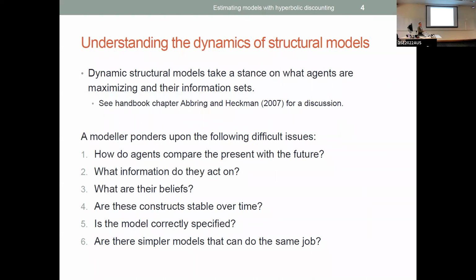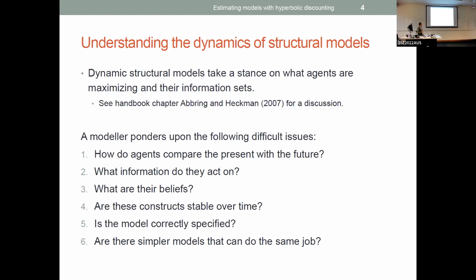Before I move on to discounting, I just want to have a slide describing what's the overall issue facing a modeler in relation to building dynamic structural models. So dynamic structural models, they take a stance on what agents are maximizing and what are their information sets.